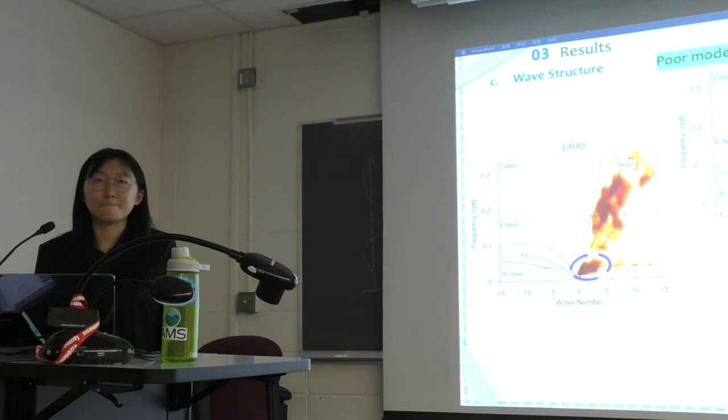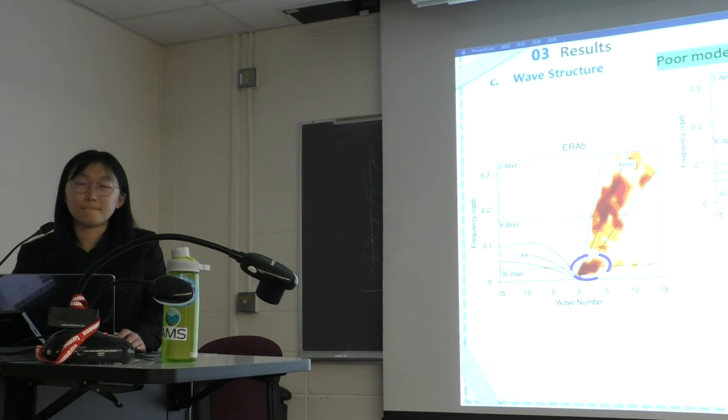That is how the MJO propagates. Here, if I understand correctly, you're thinking that poor models don't have good Kelvin waves, and because of that they don't have enough surface fluxes to show the eastward propagation. Have you thought about the other horizontal advection component? Is it the same between the good and poor models here?